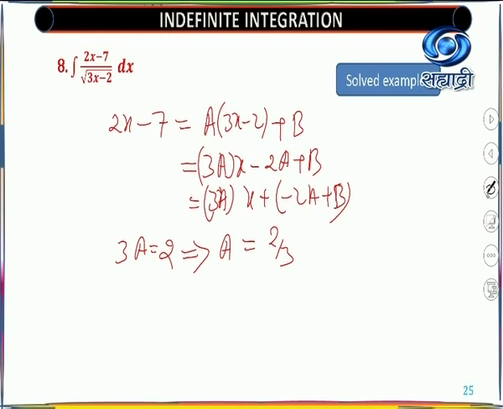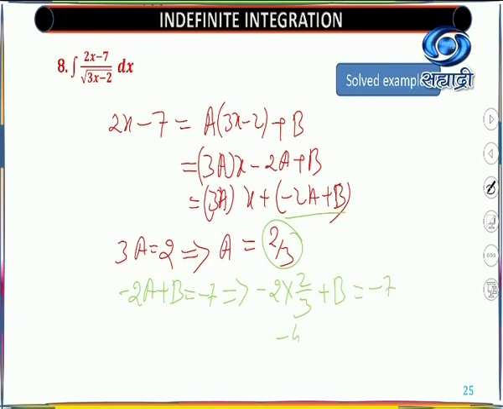Next I will take the comparison of constant. Minus 2a plus b is equal to minus 7. So you will get minus 2 into the value of a, that is 2 upon 3, plus b equal to minus 7.